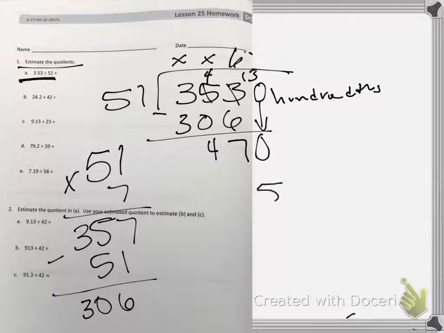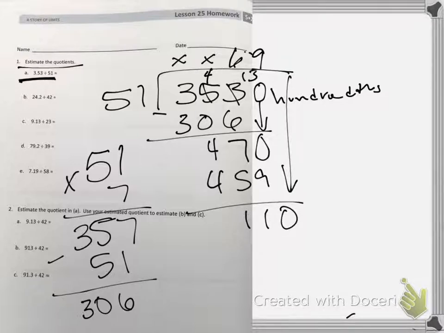And if you see what I mean, they're just going to keep working it out. 459 is 9 times, so we do 9 times 51, 459. We're going to end up with 11, drop another 0. So they're going to keep doing it and doing it, but the problem is we stop at the thousandths place. So if our decimal's right there, then we would be stopping right here and have a remainder of 110. But you can't have a remainder. We're not going to have a remainder in the decimal.